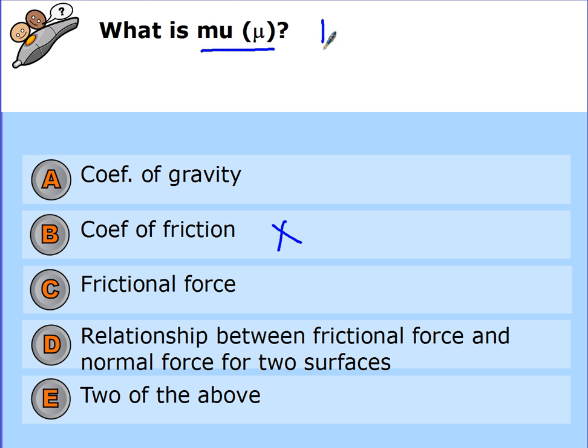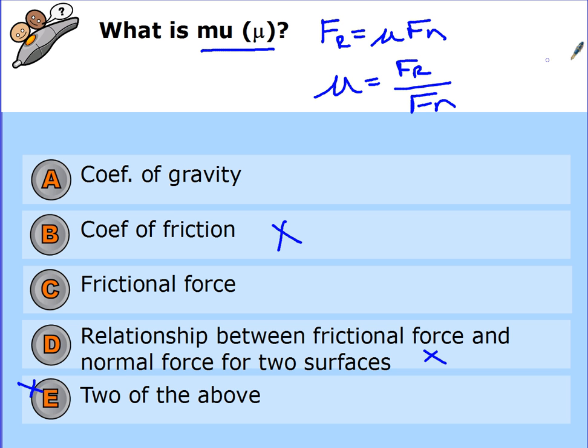Because you remember, friction is equal to mu Fn. So when I solve this for mu, this is equal to friction divided by the normal force. So it's that relationship between friction and normal. So I guess the really correct answer for this one is E.